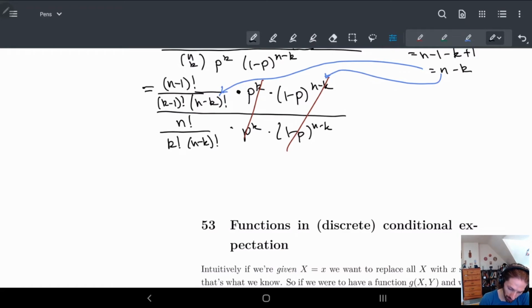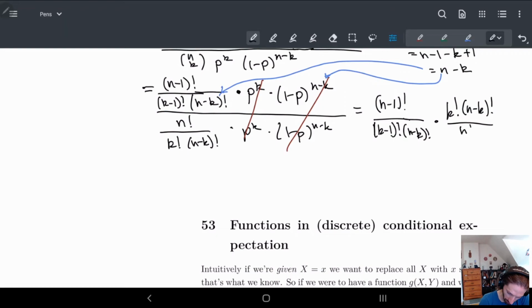And then, so what do we have here? We have n minus 1 factorial divided by k minus 1 factorial, and then n minus k factorial. And then here I'll flip it and reverse it. So we have k factorial n minus k factorial over n factorial. Here, these two will cancel.